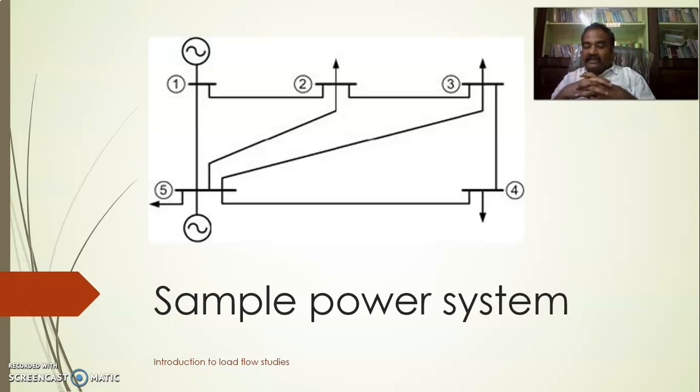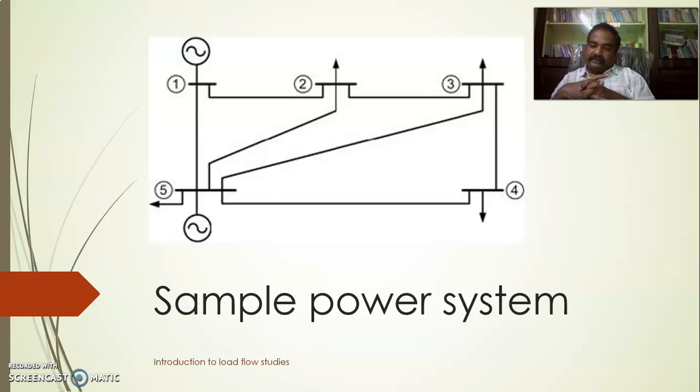That's why at a generator bus, capital P and mod V, the active power and voltage magnitude, are considered the standard variables, which means the other two can fluctuate. So at a generator bus, the standard variables are P and magnitude of V.